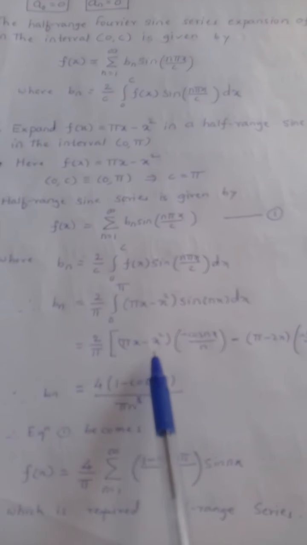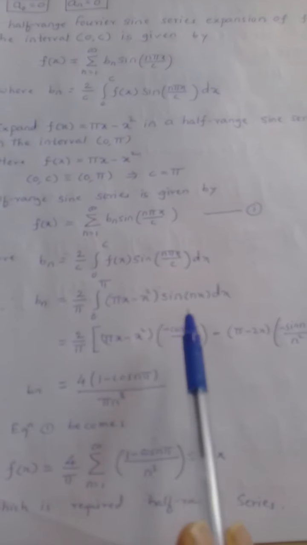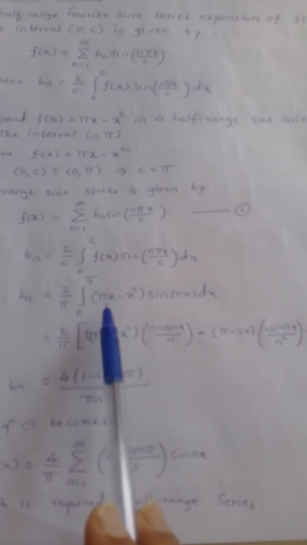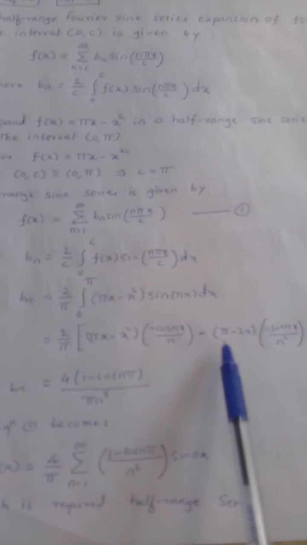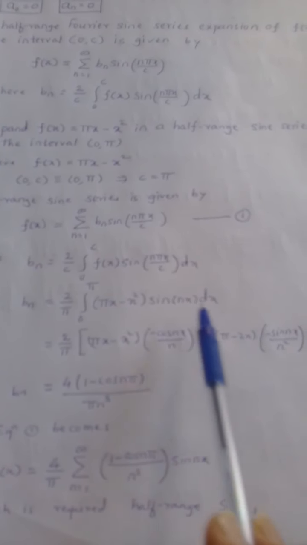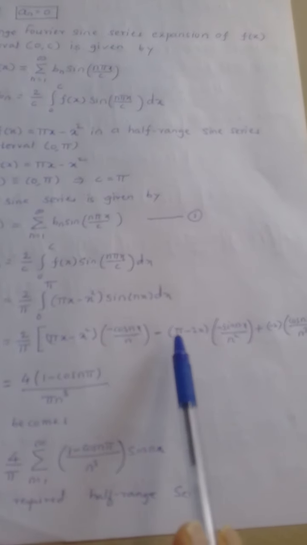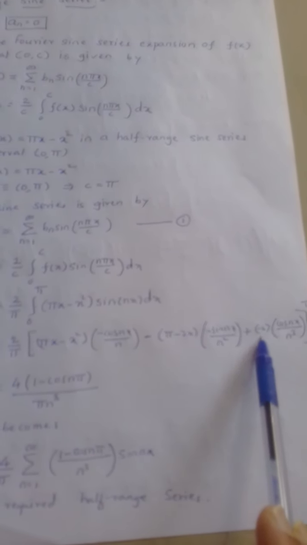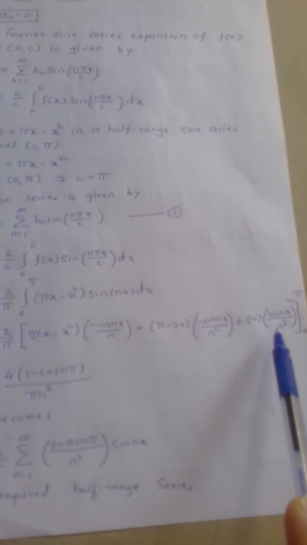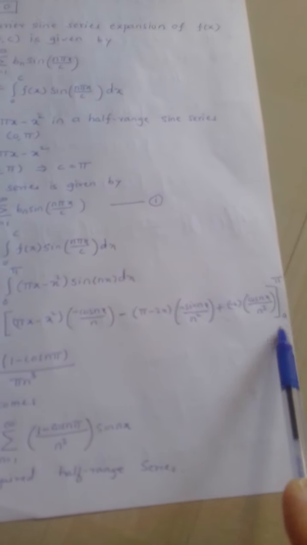Now using the generalized by parts rule, 2 upon pi times pi x minus x square, integration of sine n x is minus cos n x upon n, minus derivative of this first function u dash, pi minus 2x, and again the integration of this term, which is minus sine n x upon n square, again the derivative of pi minus 2x is minus 2, and the integration of this term becomes minus plus cos of n x upon n cube, limits from 0 to pi.